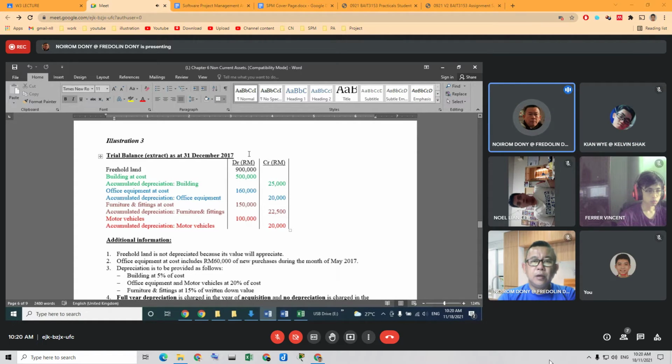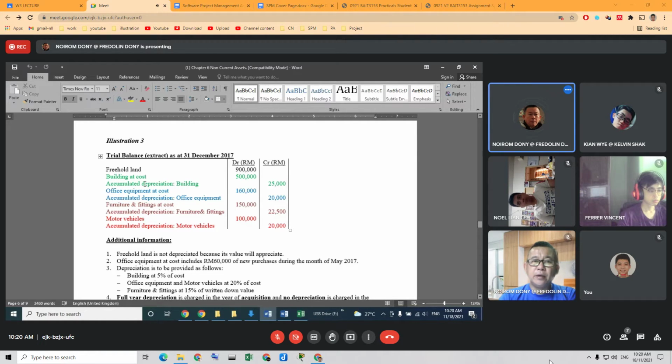On the debit side, all assets. On the credit side, all using the liability concept. Freehold land on the debit side, 900,000. Building at cost, 500,000. Office equipment at cost, 160,000. Furniture and fitting, 150,000. And motor vehicle, 100,000. All these are assets.